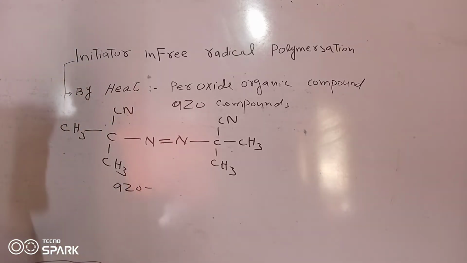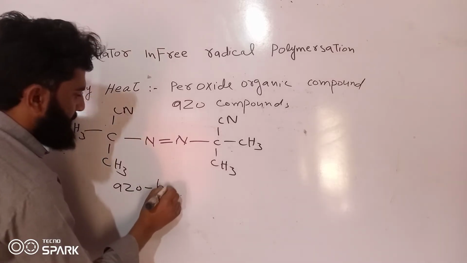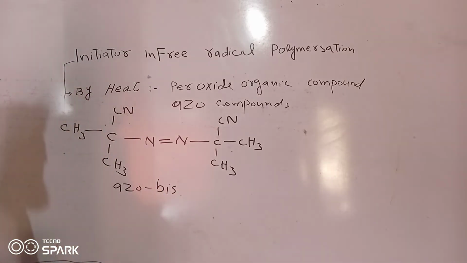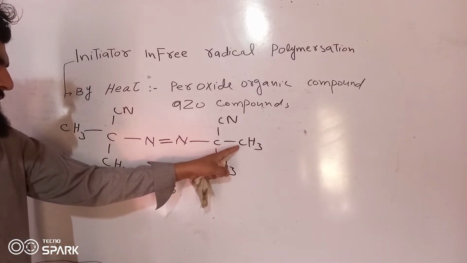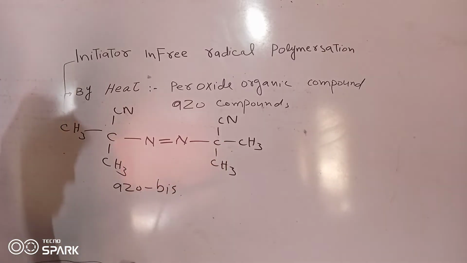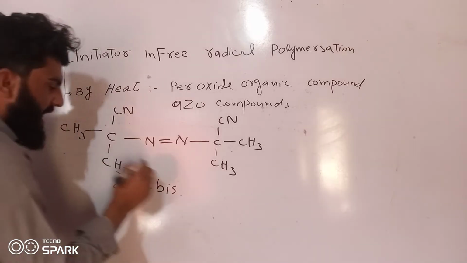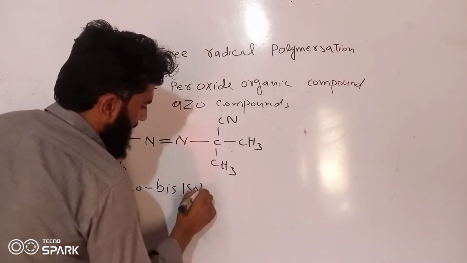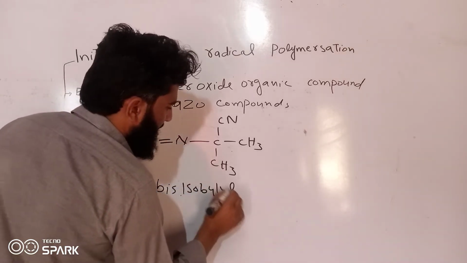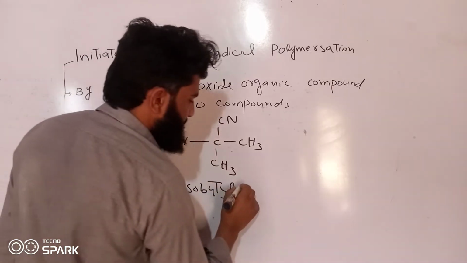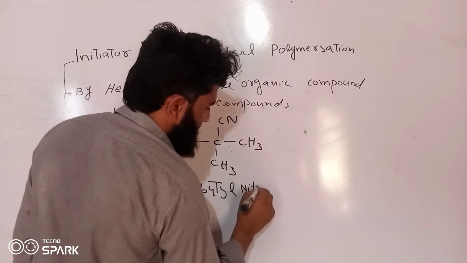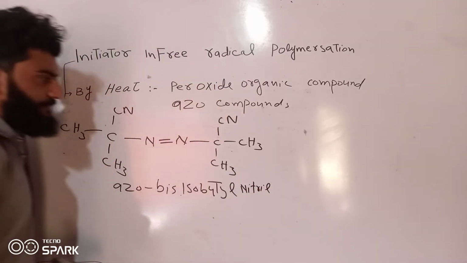Its name will be azo bis, where bis means two. Then isobutyl nitrile, so azobisisobutyronitrile.